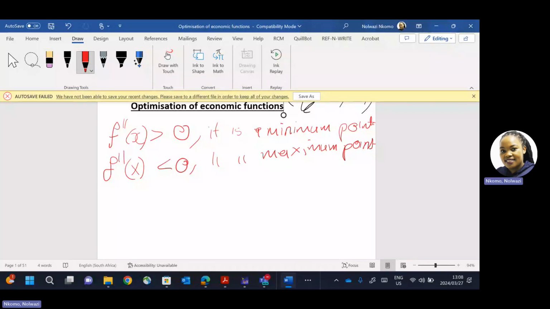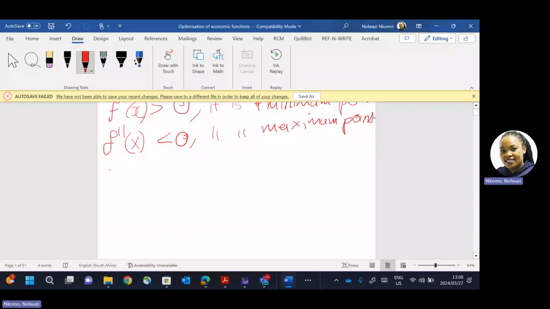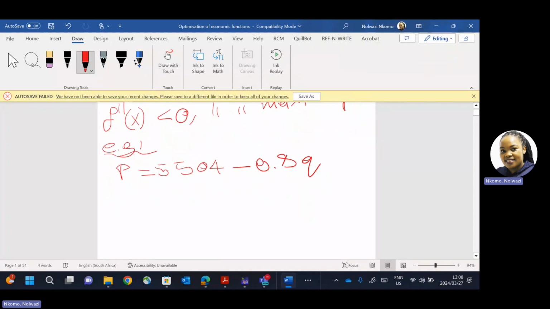For example, suppose the demand and the total cost function are given as follows. This is example 1. Suppose we are given the demand as P equals 5504 minus 0.8Q, and total cost given as 608,508 plus 120Q.